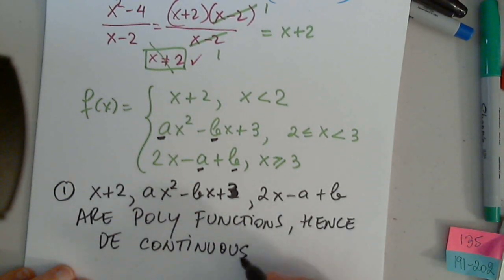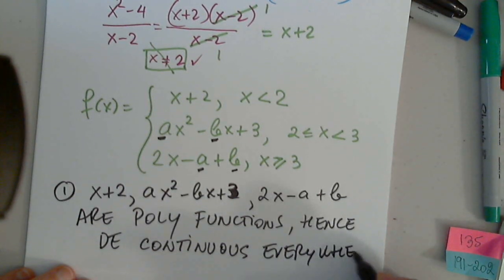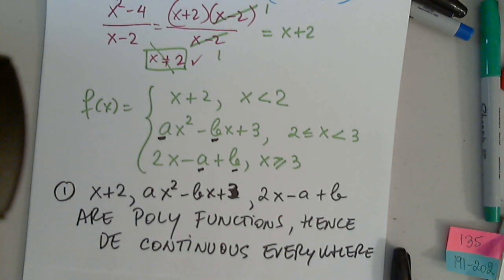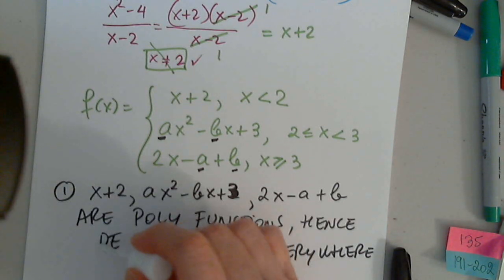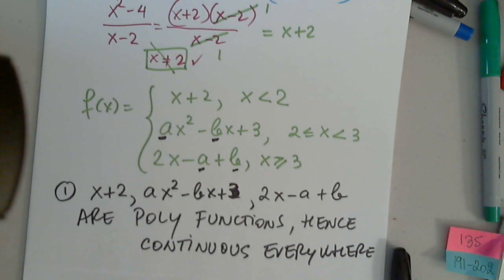Of course defined, but I needed continuous everywhere. You don't have to erase it. Just say defined and continuous everywhere. That's good. But I didn't mean that. We already knew because they were polynomials. We were talking about continuity here. Okay, next step.